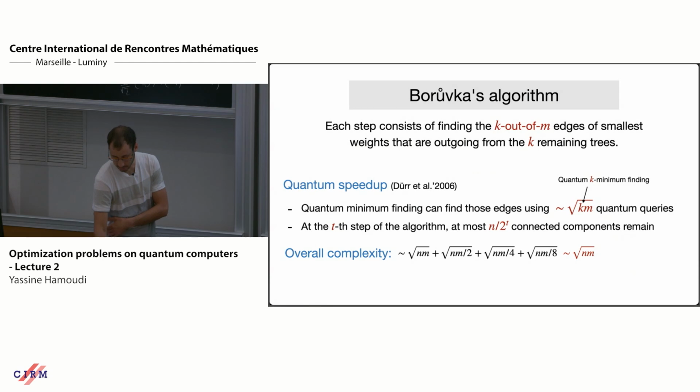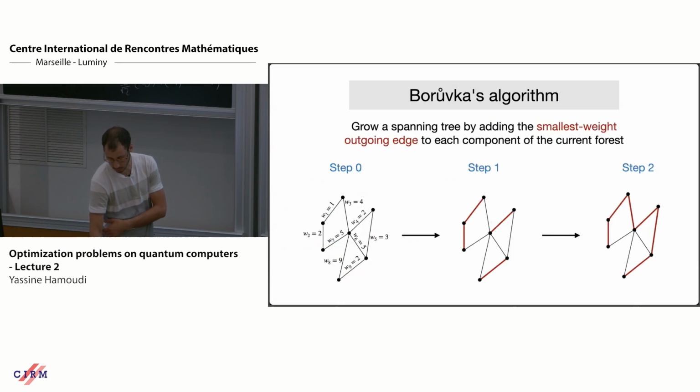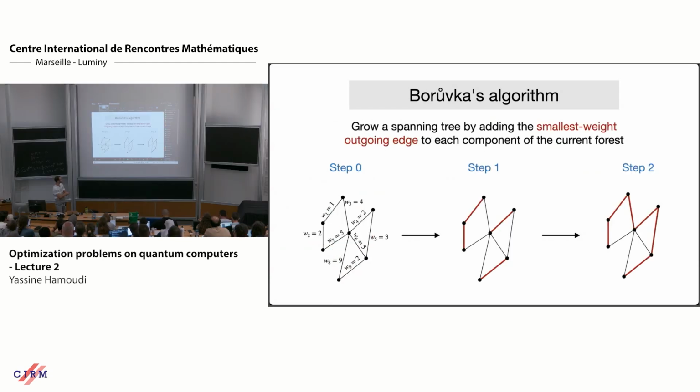At each step, you are increasing the size of the red component, and you stop when it connects all the vertices together, which will appear when there are n minus 1 edges in the connected component. There is some proof that tells you that you will never create loops or cycles in the graph using this kind of algorithm. So there is some proof of correctness, which I'm not detailing here.